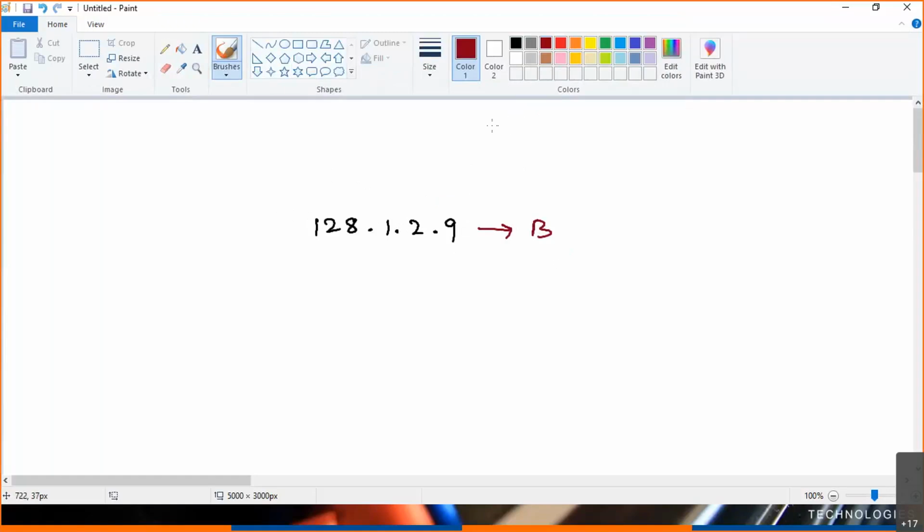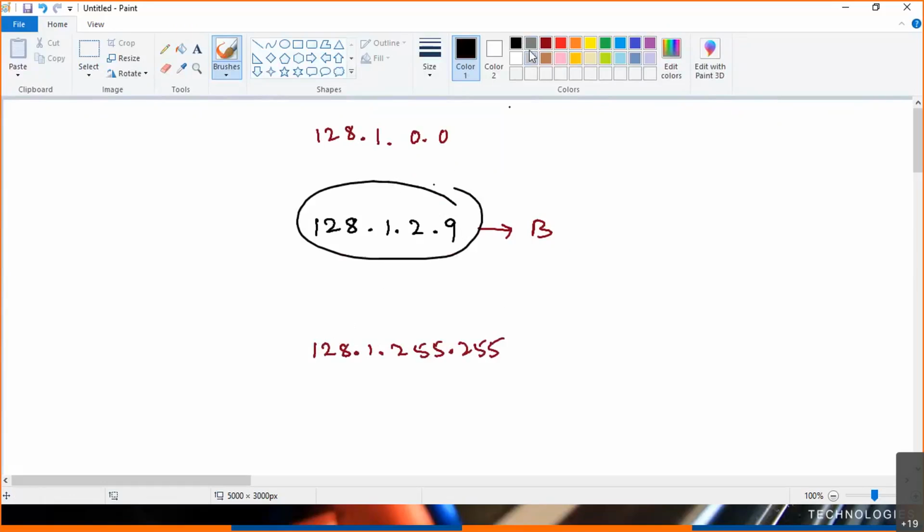Then what will be the network ID of this address? 128.1.0.0 is the network ID, and the broadcast ID is 128.1.255.255.